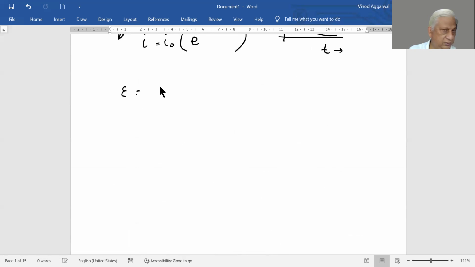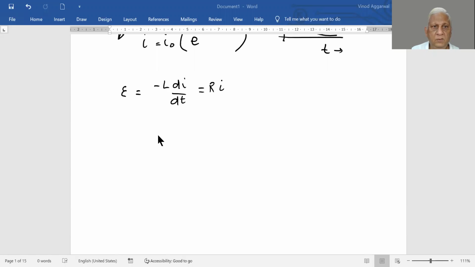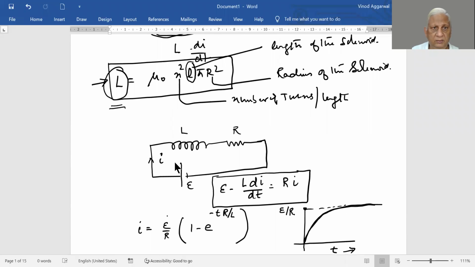We know EMF is also equal to R. So we come to our charging circuit.